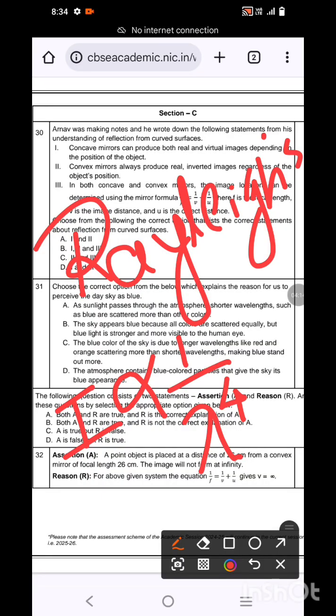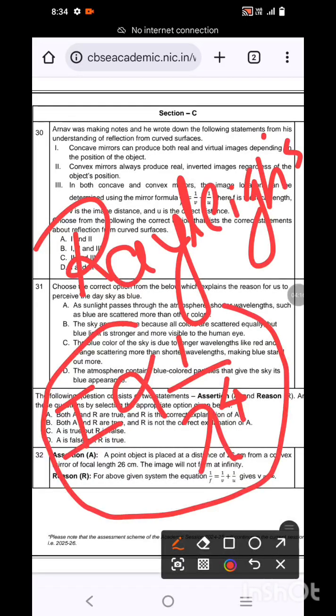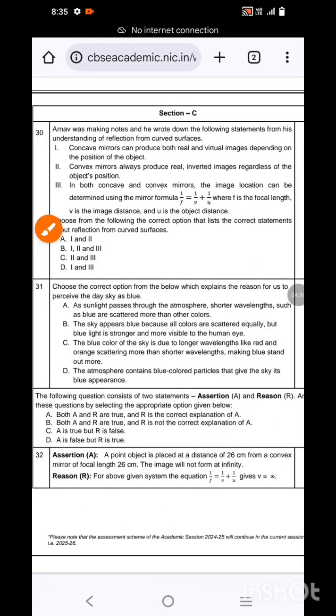That means it's an inversely proportional relation. I is for intensity, and lambda is for wavelength. It means if wavelength is increasing, intensity is decreasing.